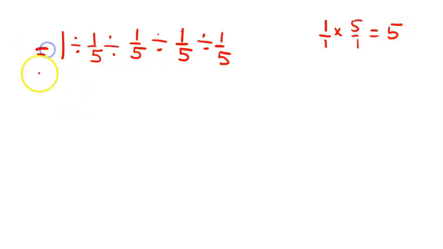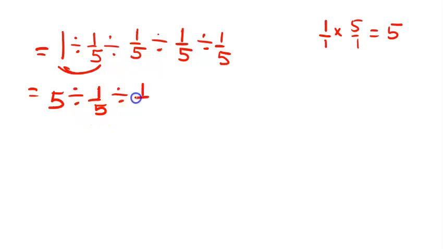So this is going to be 5, I mean when you evaluate this one, divided by 1 over 5 divided by 1 over 5 divided by 1 over 5. So in the same way, if you are dividing a whole number by a fraction, you flip the fraction.